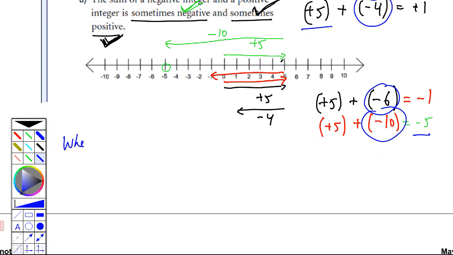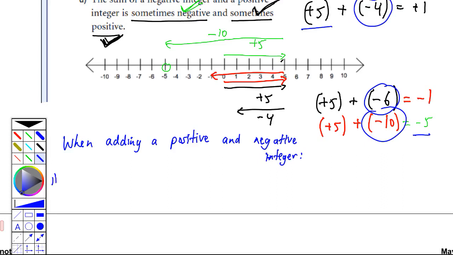So this is when adding a positive and negative integer. We have two circumstances.